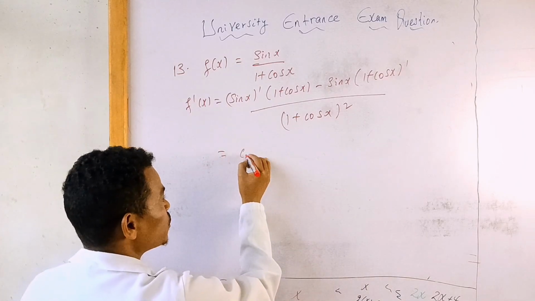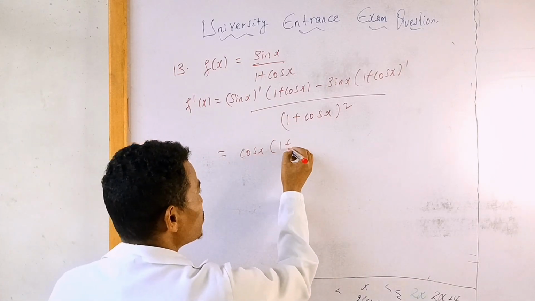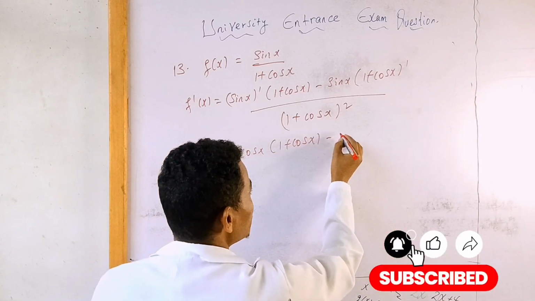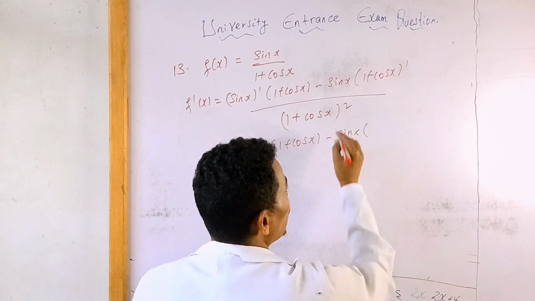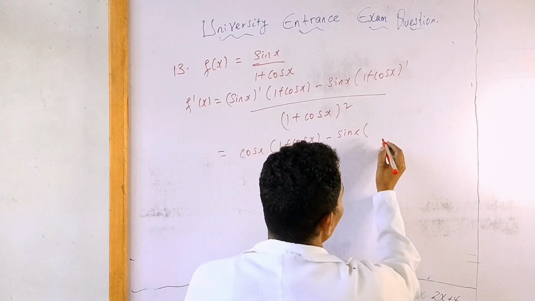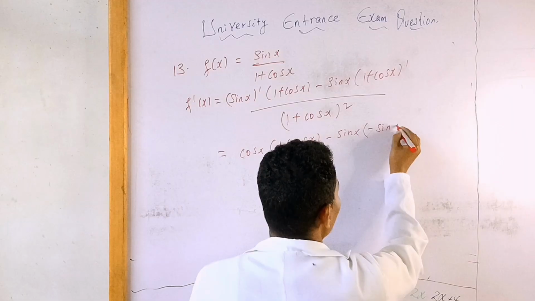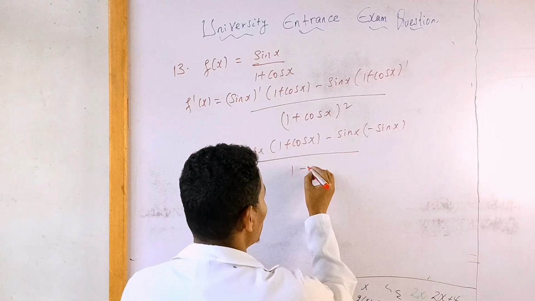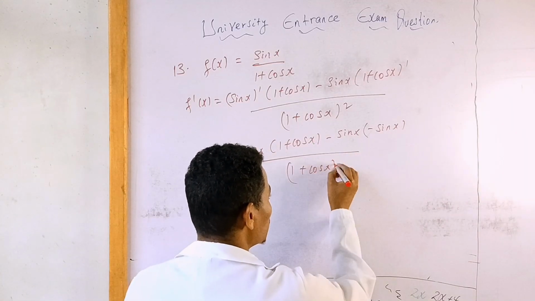Sin x derivative is cos x, into 1 plus cos x, minus sin x into the derivative of 1 plus cos x, where 1 derivative is 0 and cos x derivative is minus sin x, over 1 plus cos x the whole square.